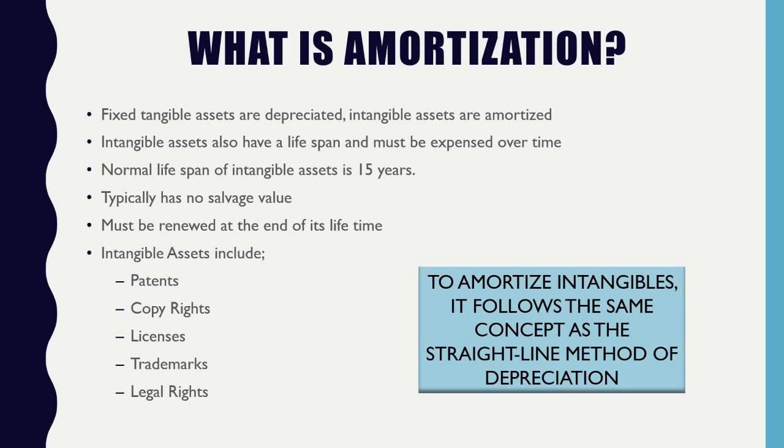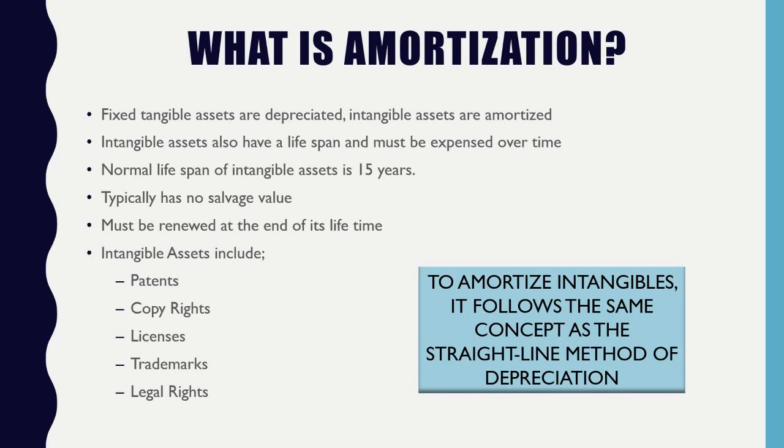But if you have a patent on a well-known product, of course it's going to be more than that. It's going to be based on the individual item. But for this class in general, I want you to just recognize 15. 15 is going to be our lucky number that we guesstimate for intangible assets, and it's to be renewed.